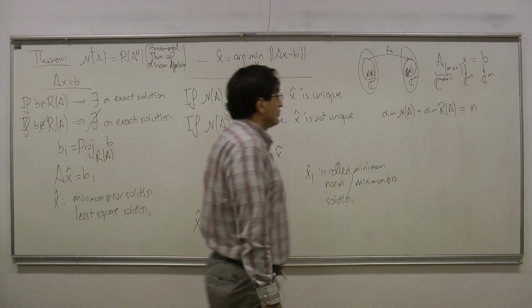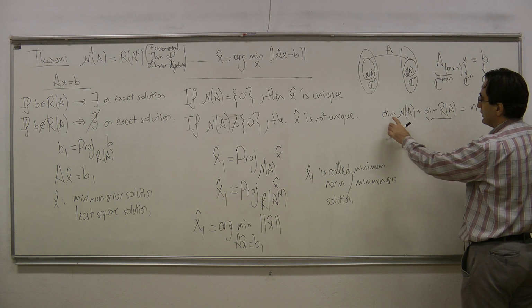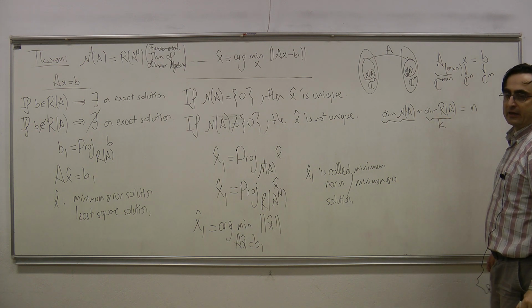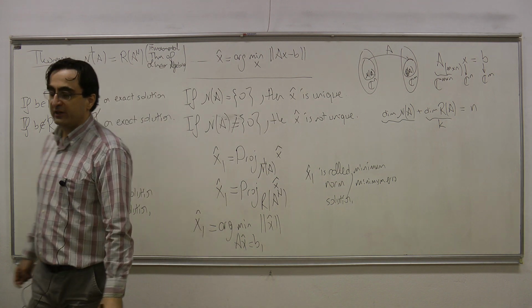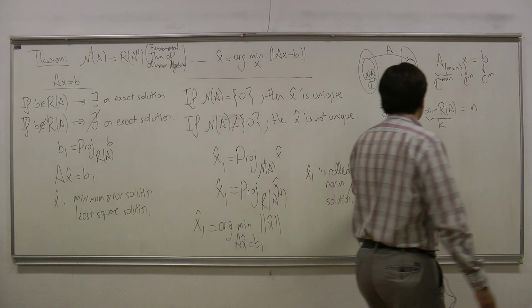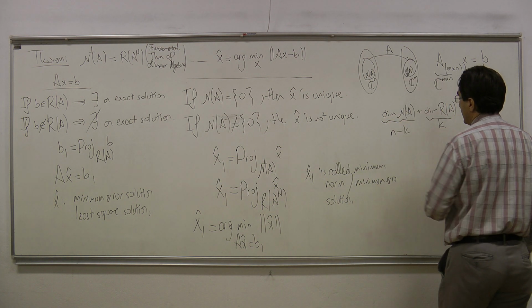So suppose that the rank of the matrix, this is rank and this is nullity. Okay? So suppose that the rank of the matrix is k. Obviously, k is an integer smaller than or equal to n. Okay? Then the dimension of null space of A happens to be n minus k.